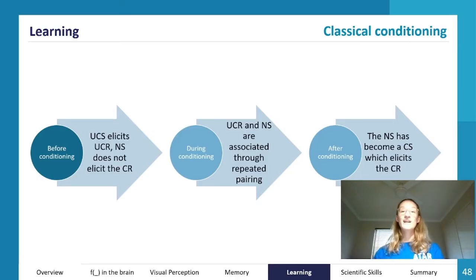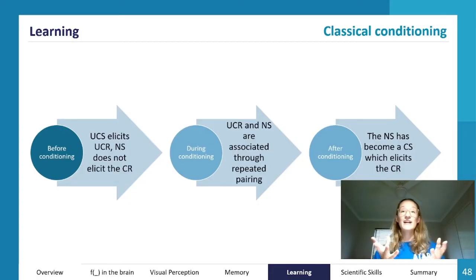So during conditioning, the idea is that the unconditioned response, the natural response elicited by an unconditioned stimulus, our drooling, and our neutral stimulus, our bell, which doesn't mean anything at first, are associated through repeated pairing.